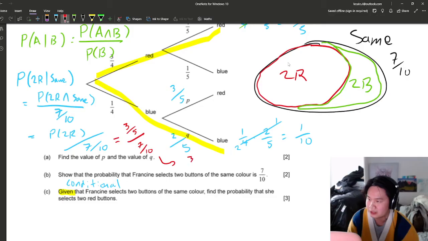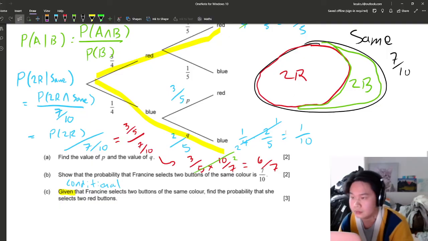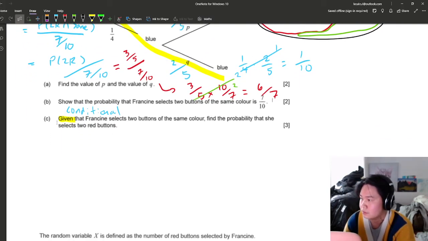Then you can just multiply by the reciprocal, and these reduce to 2. So what, 6/7? Okay. Given that Francine... Oh yeah, that's the one that we just did.